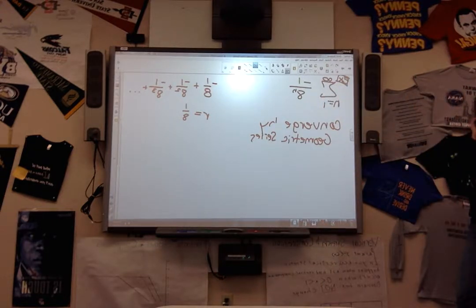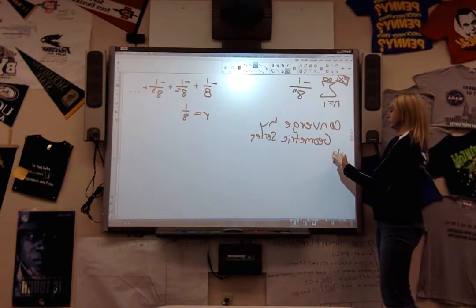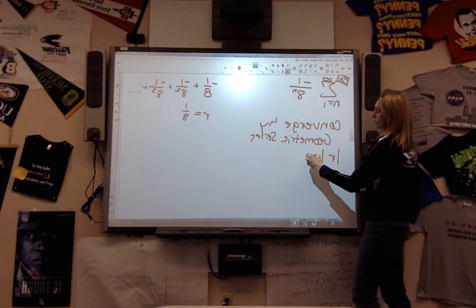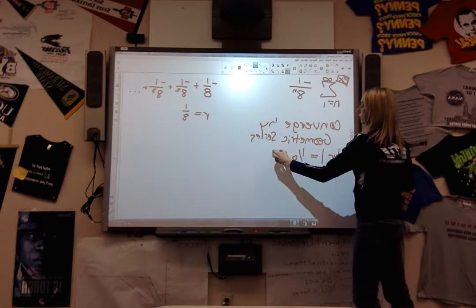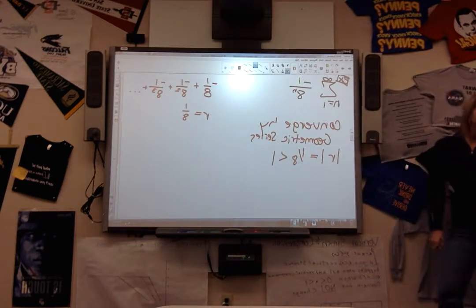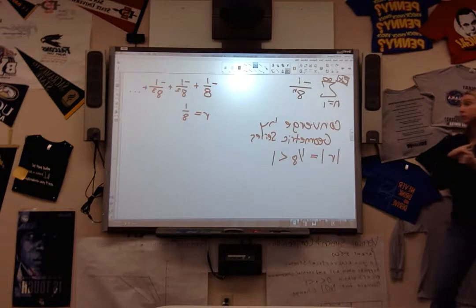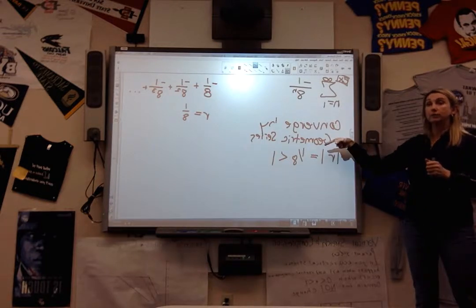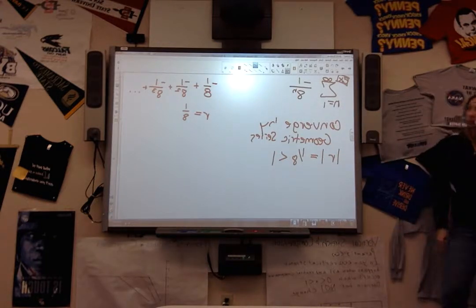And then the condition: absolute value of r, which is 1/8, is less than 1. Okay, so three pieces always: converge or diverge, the test, the condition.